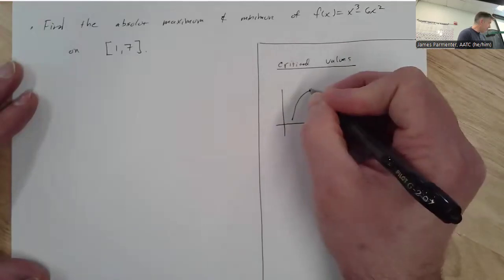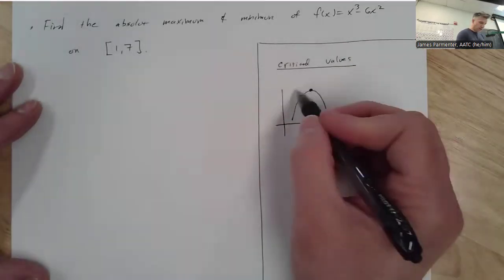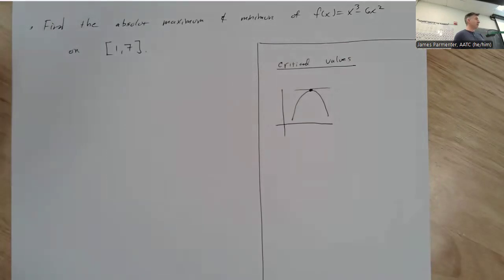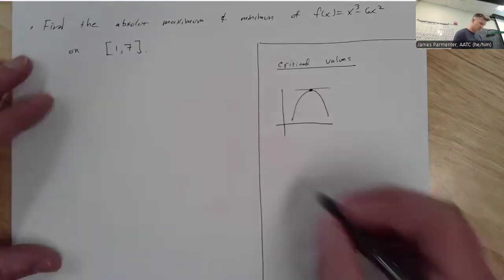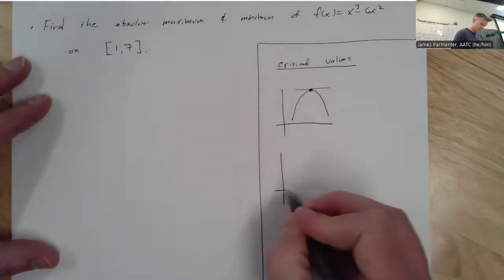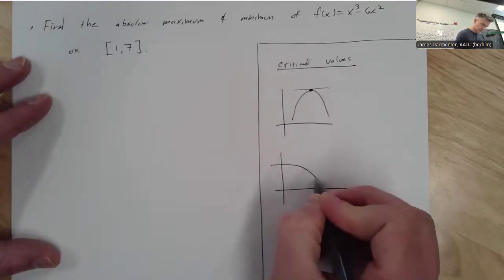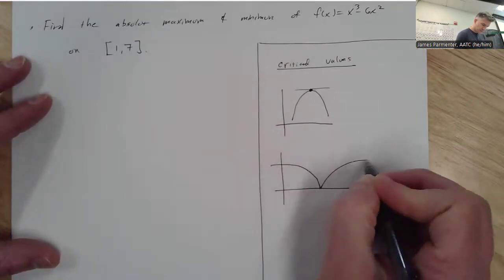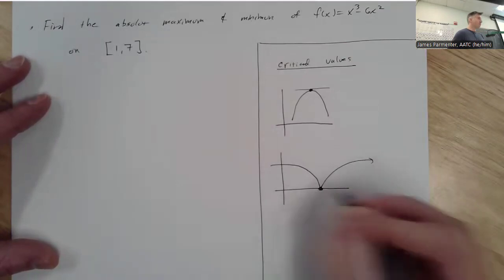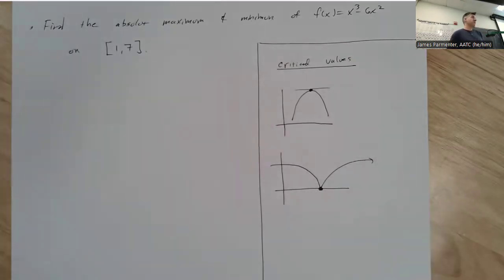There's a critical value right there, where the function has a horizontal tangent line. But also, there's a critical value right there, where the derivative is undefined.